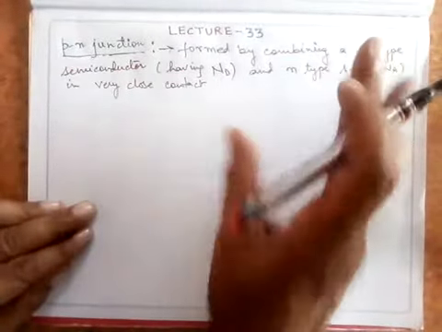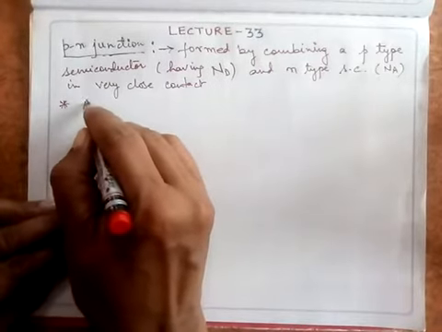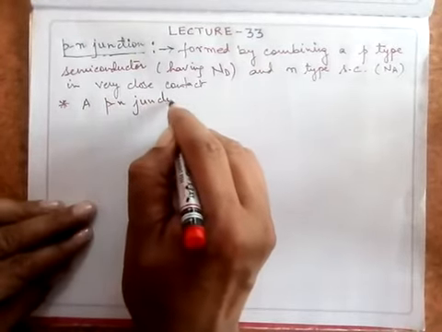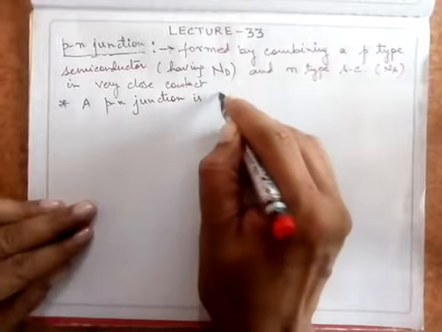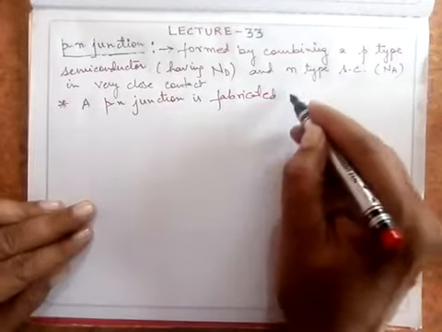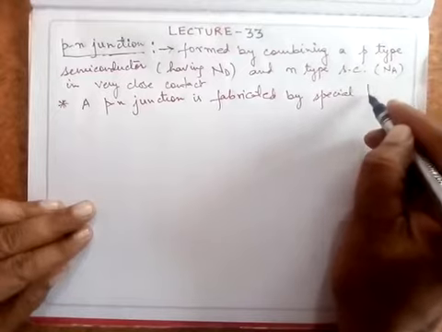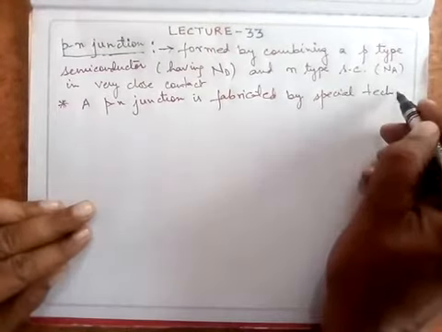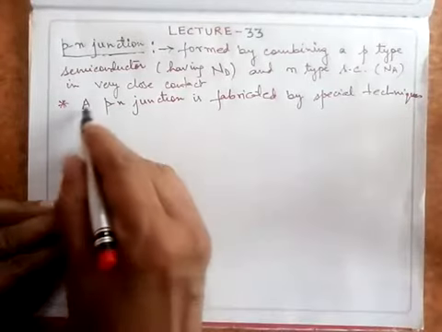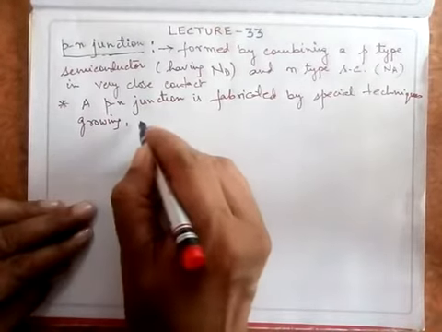Let me add one more point. A PN junction is fabricated by special techniques, and some of them are known either by growing, where a junction is grown, and another is called alloying.